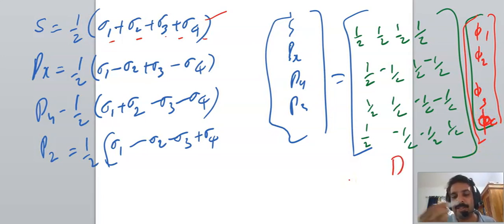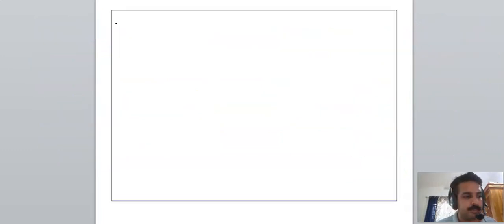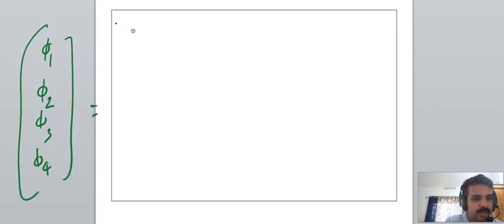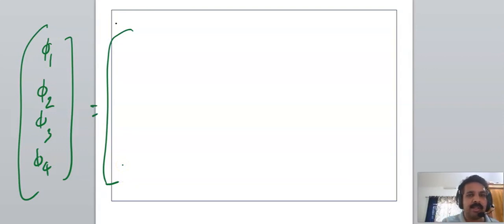To get the C matrix, we can inverse transform it. On inverse transformation we get phi 1, phi 2, phi 3, phi 4 equal to the inverse of the earlier matrix, that is the D matrix.